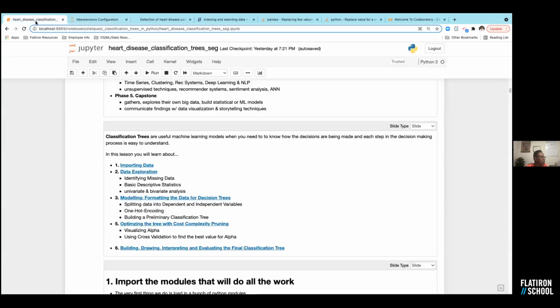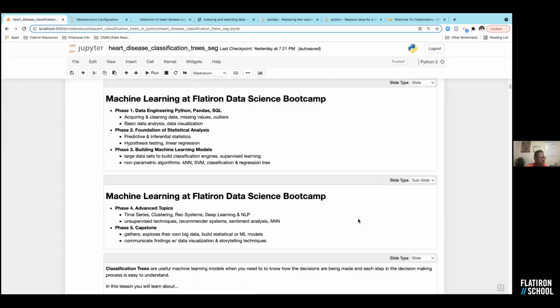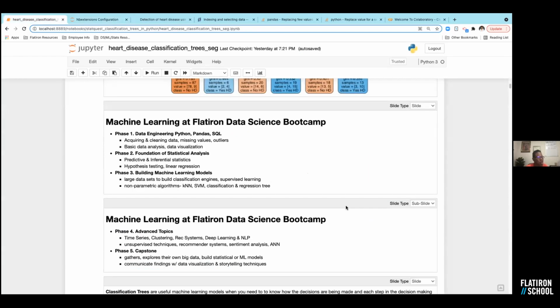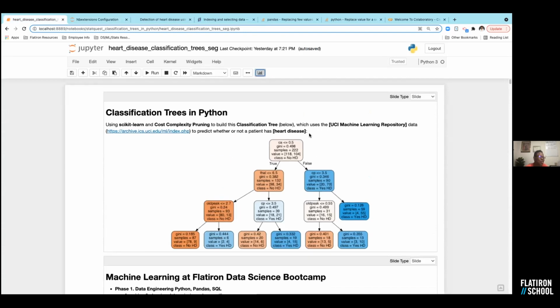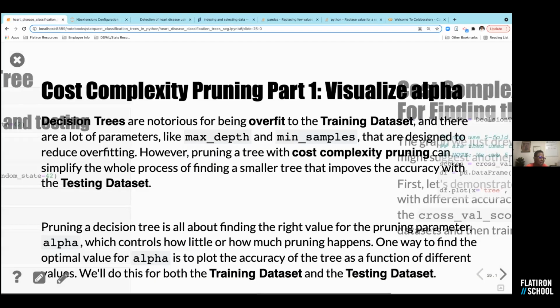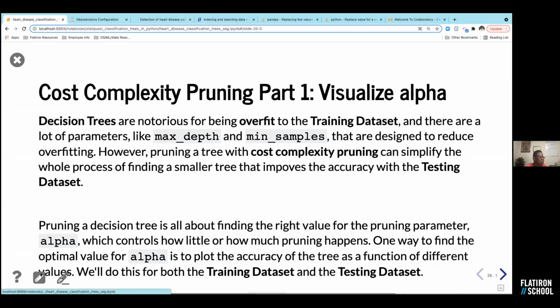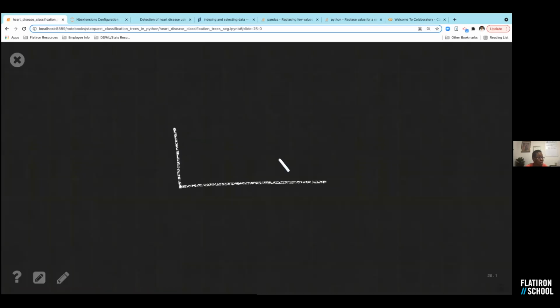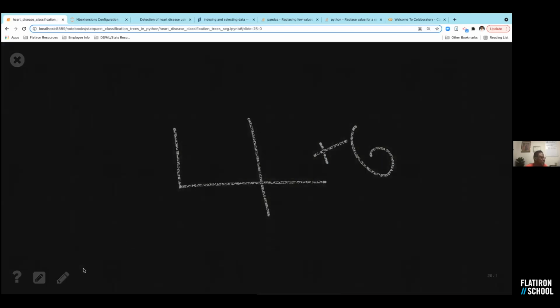I think it's awesome. Of course, you have to make sure that your slides are prepared so that they run appropriately. But one of the best things about this is that you can actually create a blackboard. Oh my goodness, this is so awesome. Nice. Yeah, that's one of the things I like.